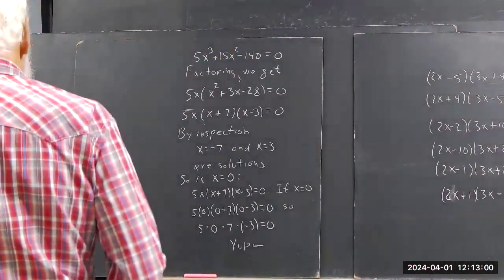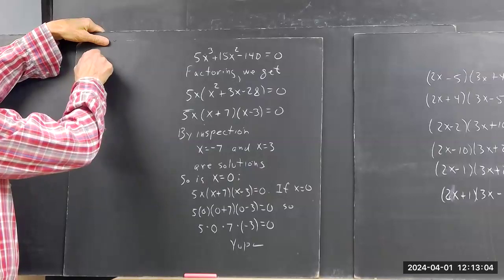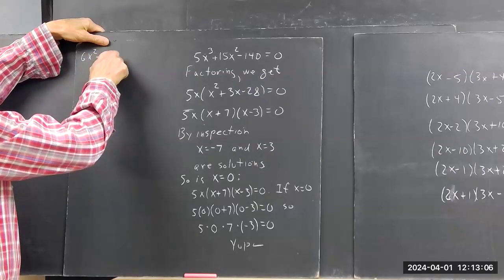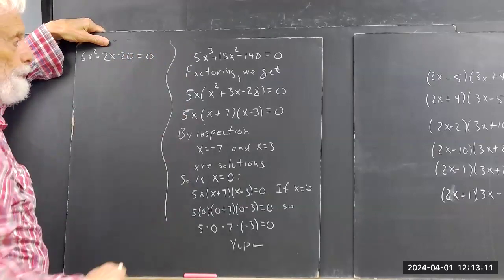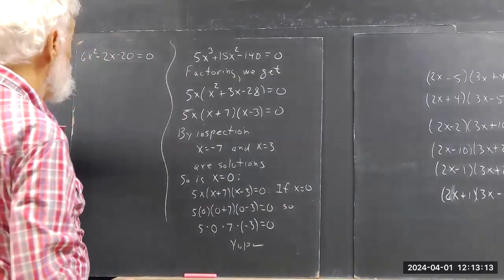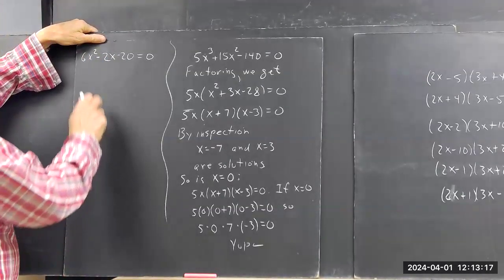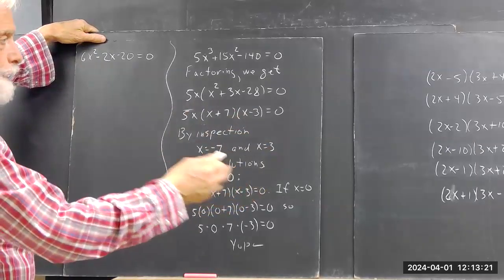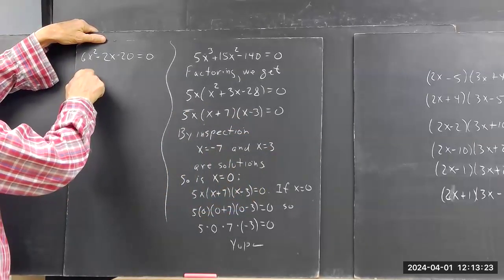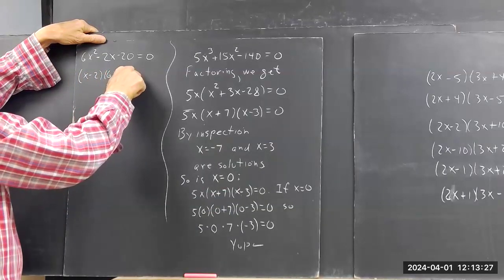And the equation was 6x squared minus 2x minus 20 equals 0. Okay. The equation would be this. We found that the factoring was x minus 2 times 6x plus 10.